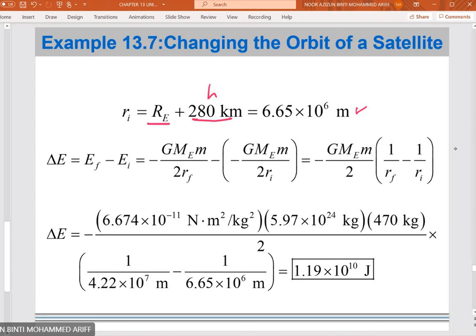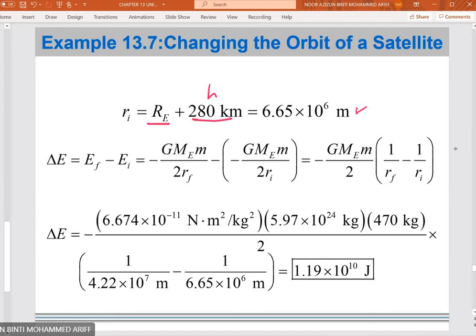Okay, so with respect to the engine, the energy is referred to this equation: delta E, which is E final minus E initial. Where is initial? Initial is at 350 kilometers, from the equation in example 13.3. And then where is final? At 280 kilometers.